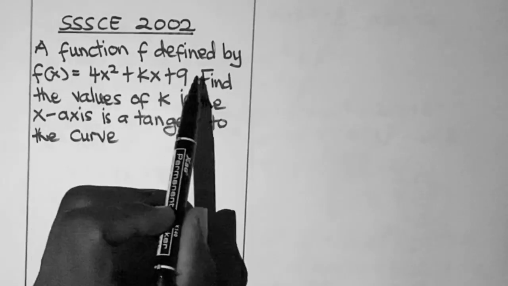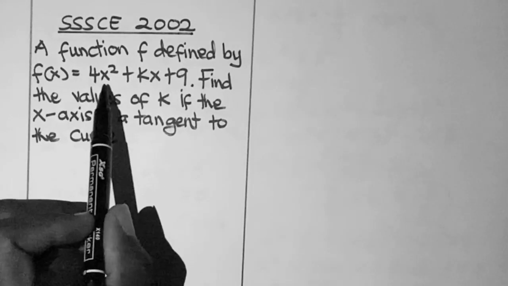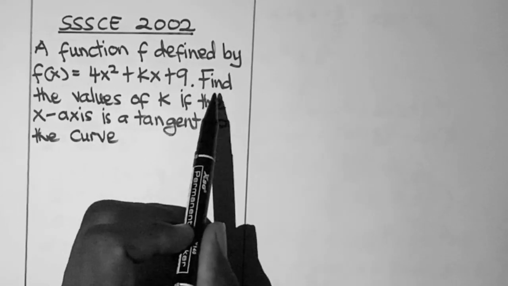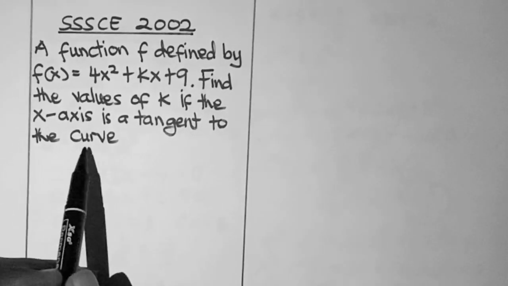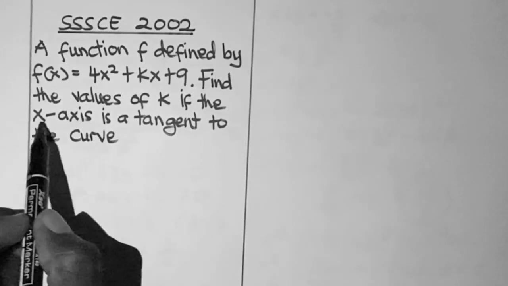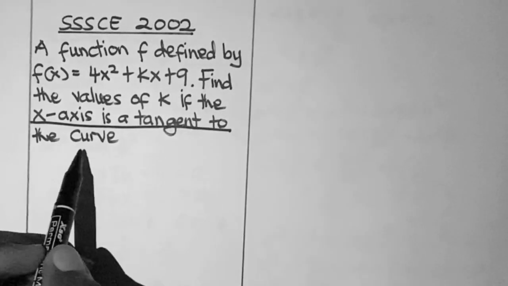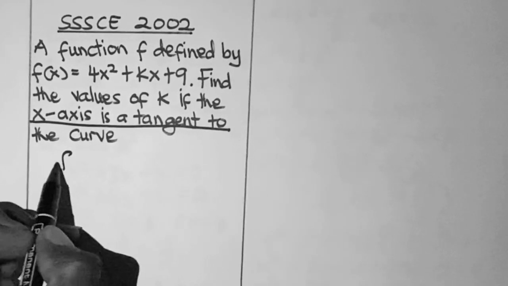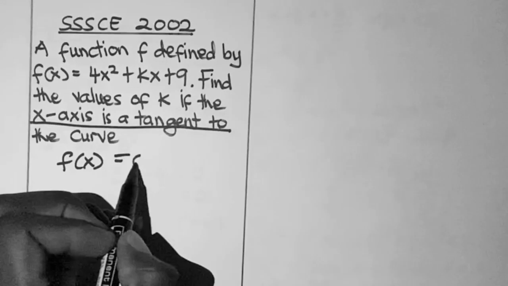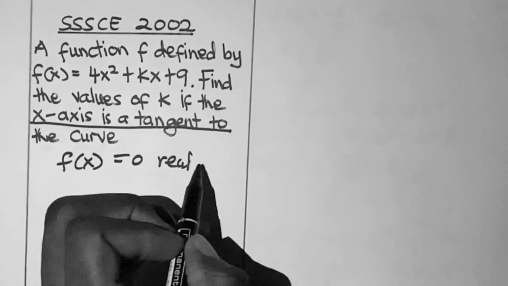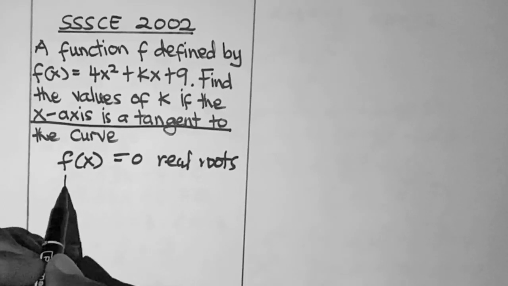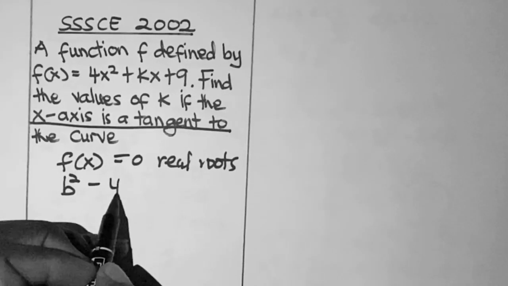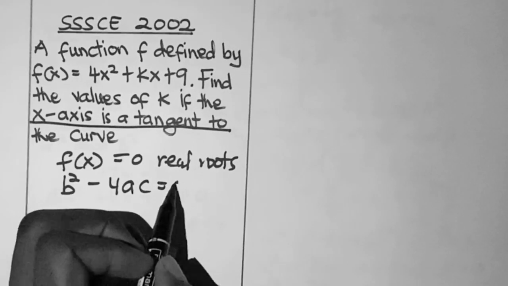A function f defined by f of x equals 4x squared plus kx plus 9. Find the values of k if the x-axis is tangent to the curve. Now, if the x-axis is tangent to the curve, it means that the function f of x equals 0 has equal real roots. Now, if it has equal roots, then the discriminant b squared minus 4ac is equal to 0.